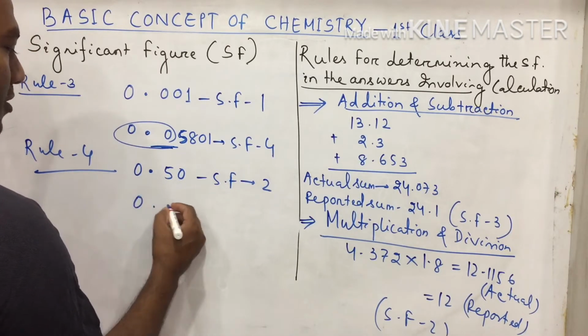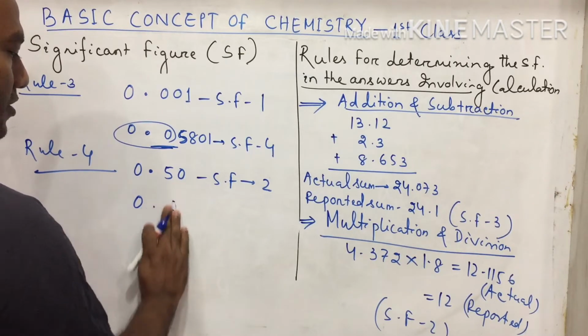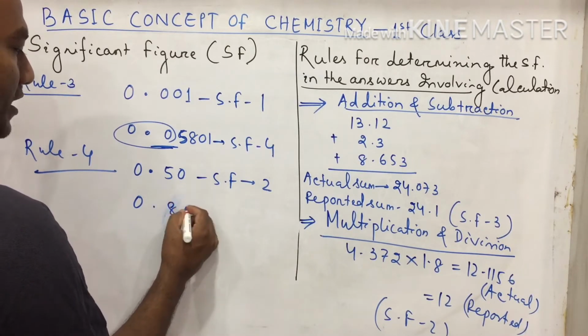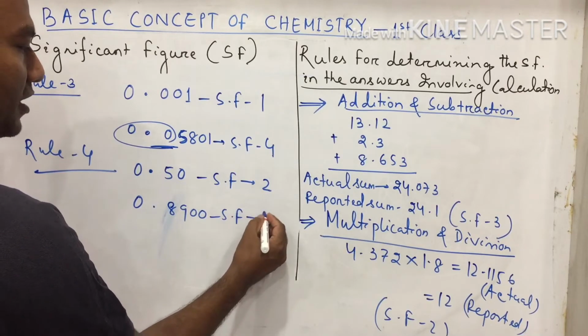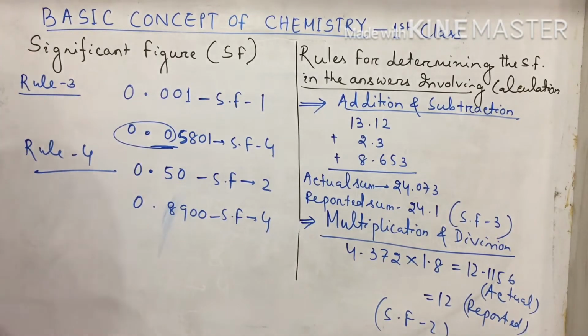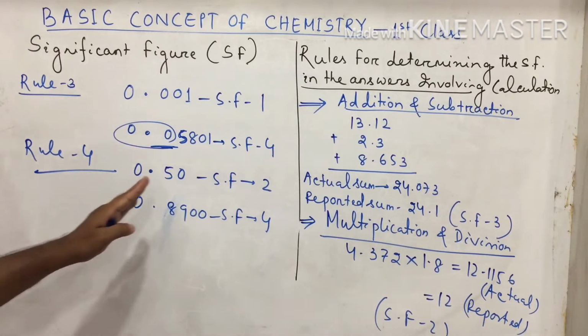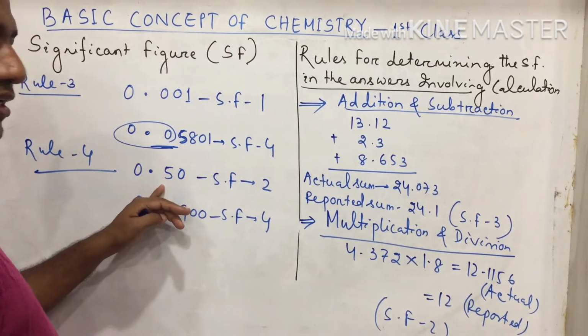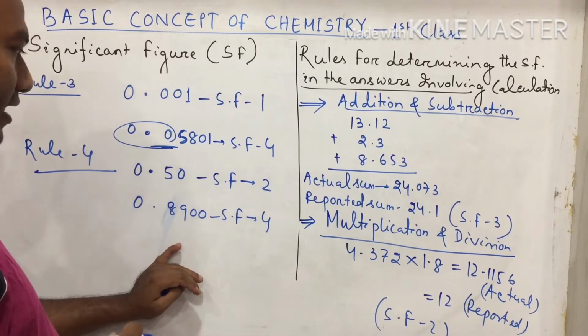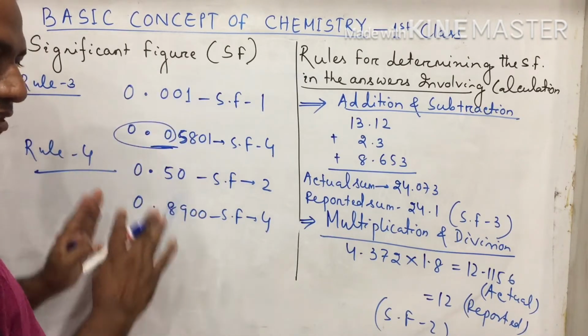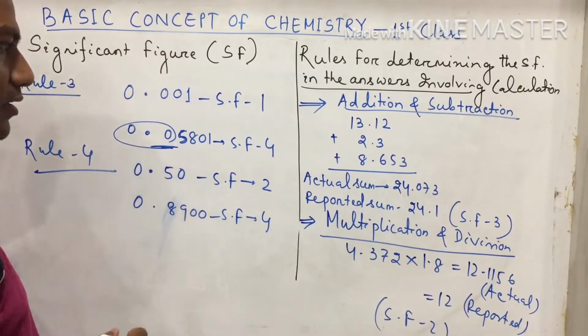Similarly, suppose 0.8900. That means its significant figure is 4. Clear? So 0 after the decimal point, after non-zero digits, are significant. So these are the first 4 rules.